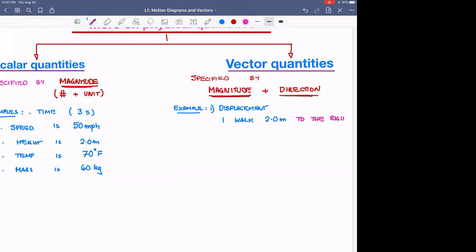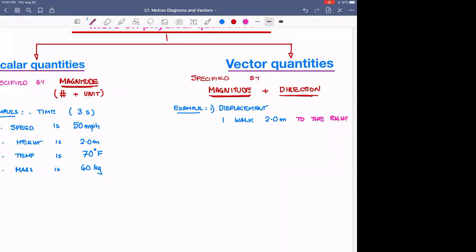Assuming we have decided which side is right and which is left, if I say I walk 2 meters to the right, I'm specifying a displacement, which is a vector quantity, because it has two parts: a magnitude and a direction.